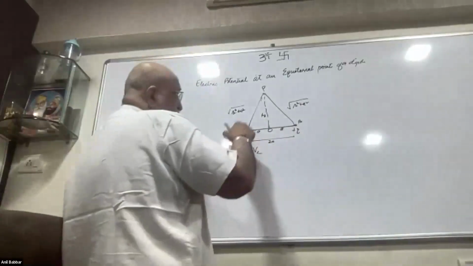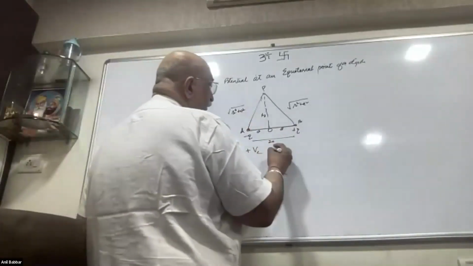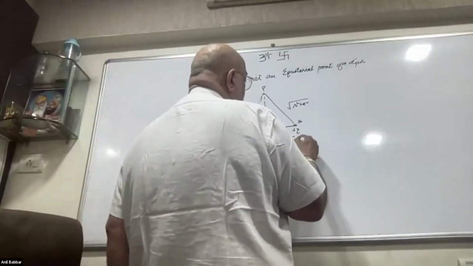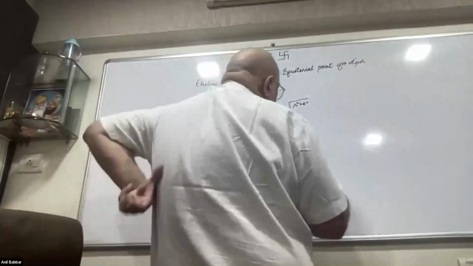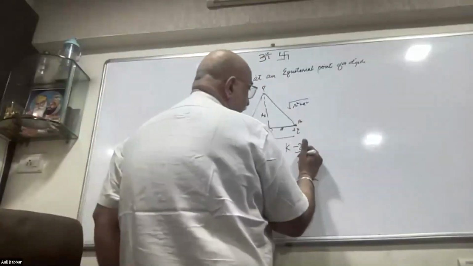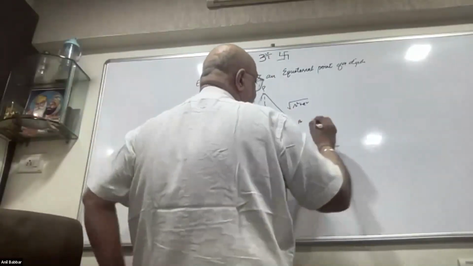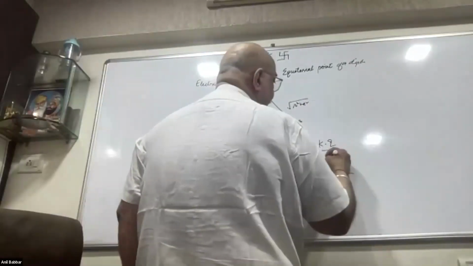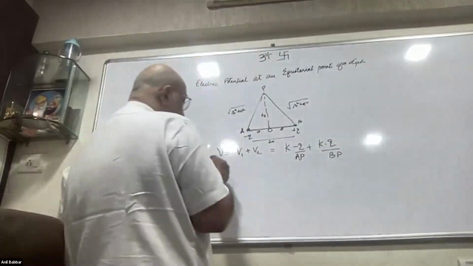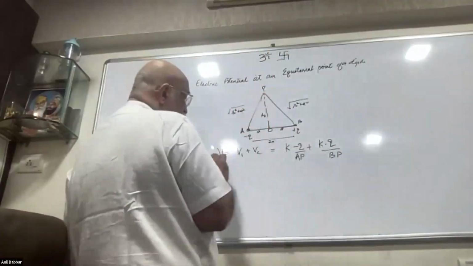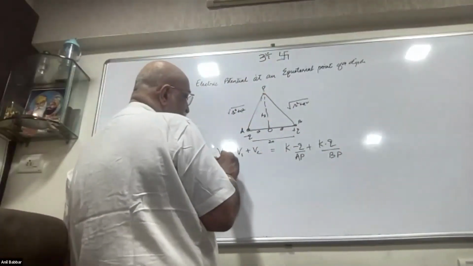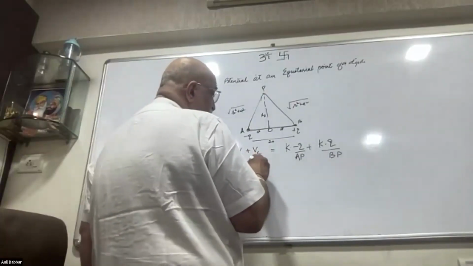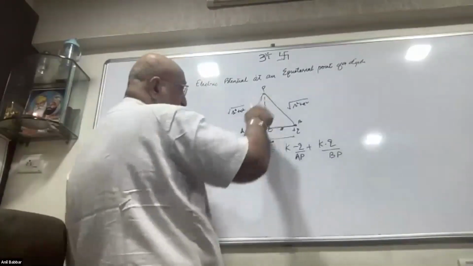So V1 is due to minus Q, so this is equal to, let's write K into minus Q by this distance, say AP, plus K into Q upon this distance, say BP. We have found AP and BP, they both are equal to each other. So AP is equal to BP, which is equal to root of R square plus A square, using Pythagoras theorem.